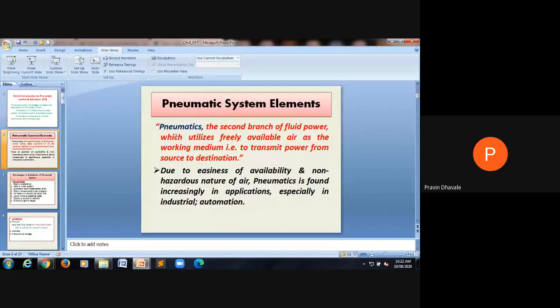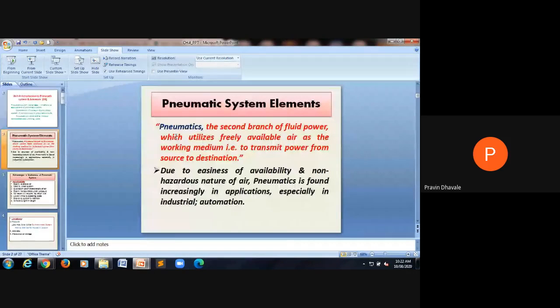Fluid power is the main branch, divided into two types, hydraulics and pneumatics. In pneumatics, we utilize freely available air as a working medium. That air may contain different kinds of gases also. Pneumatics is used to transmit power from source to destination.